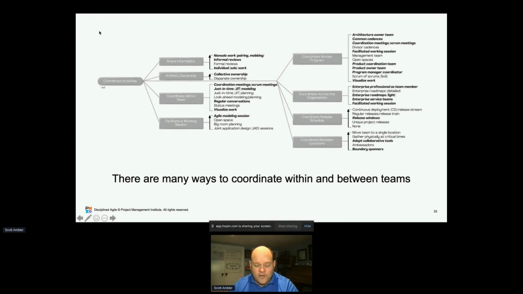COVID has taught us how to do remote work, for example, and we had that built right into DA years ago. So the organizations that were doing DA when COVID hit just shifted gears a bit. They didn't have to scramble and figure this stuff out. They were probably already doing it, but they were able to pivot quickly because they had access to the toolkit.